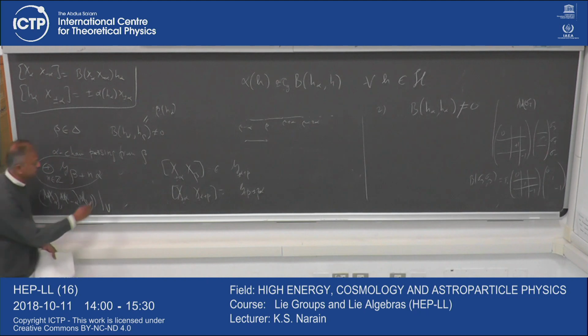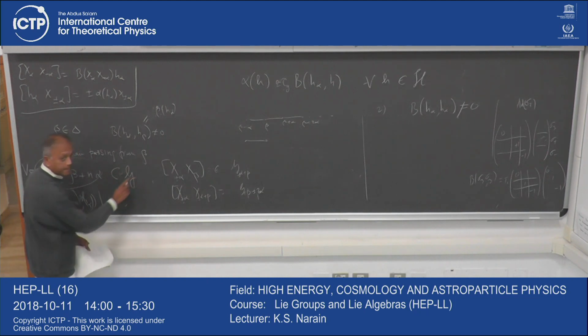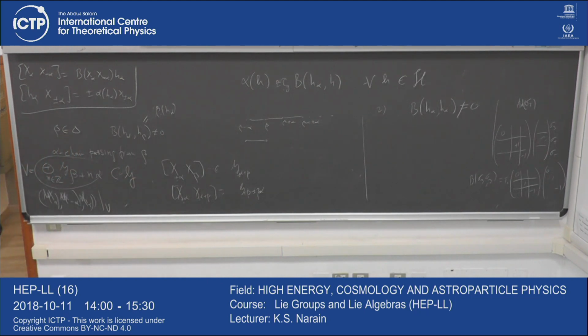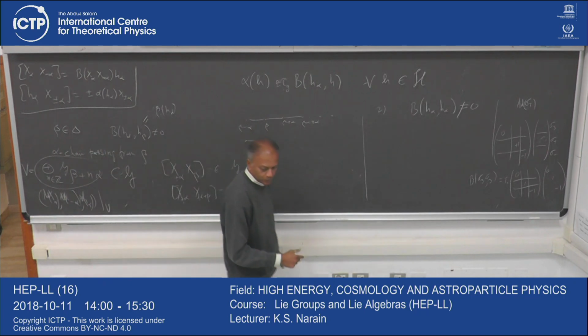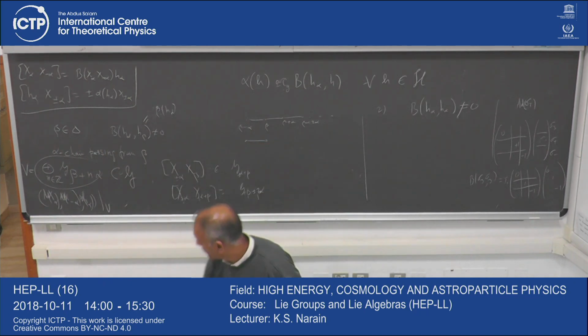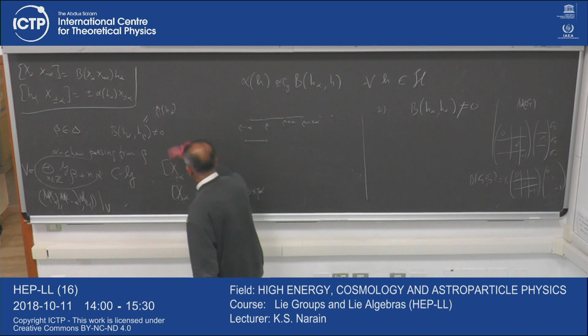This V is inside the full G, but I don't care about other guys. I just want to look at this V, and I can do that because V is invariant. And then I look at the trace. I just compute the trace of ad H alpha in this space.